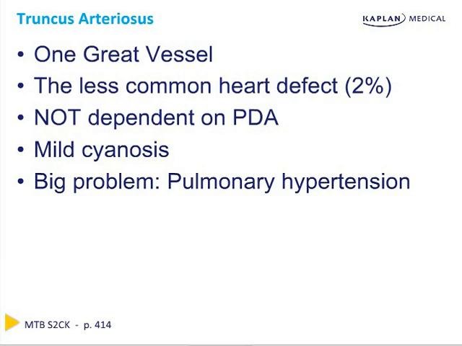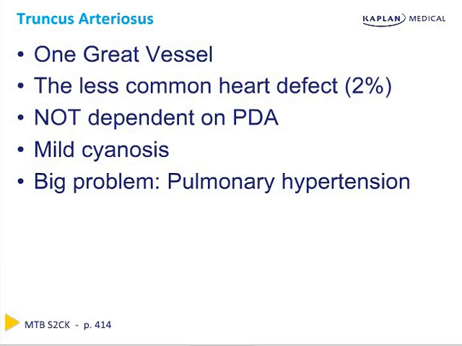Think about it this way. You no longer have proper divisions between the right side and the left side of the heart. Normally, the left side of the heart generates much higher pressures to push blood through the systemic vasculature. The right side of the heart doesn't have to generate as high a pressure to put blood through the pulmonary vasculature.